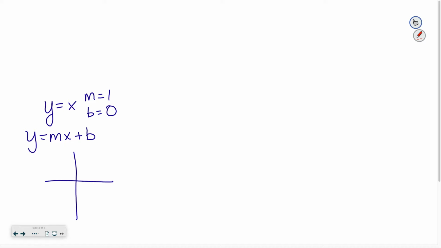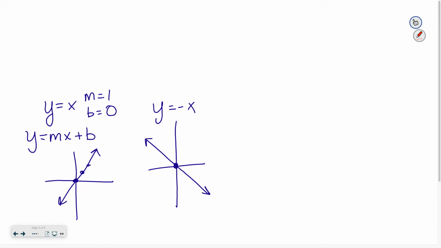So when I graph this, where do I start? At 0, and it's a slope of 1, so it's going to look something like this. Okay, what about y equals -x? Where am I going to start? 0. But my slope is negative. So we're going to reflect over these diagonal lines.